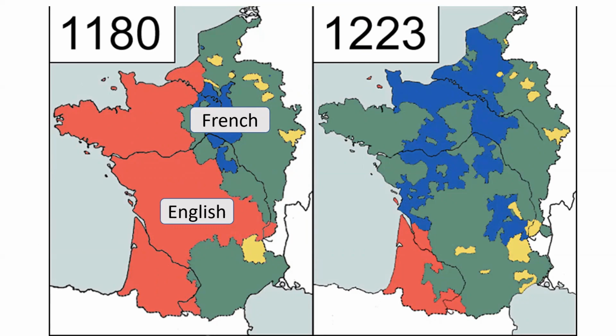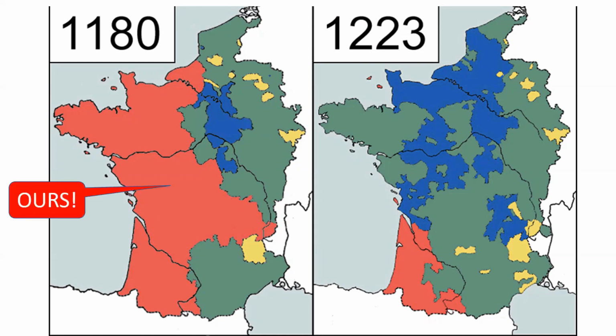Everything on this map in red or pink is effectively English, or rather owes allegiance to the King of England, not to the King of France. However, this was before King John lost most of his French possessions, and the map on the right shows the extent of King John's losses. As you can see, sadly, there is now little left, and I'm sorry, I couldn't resist that.